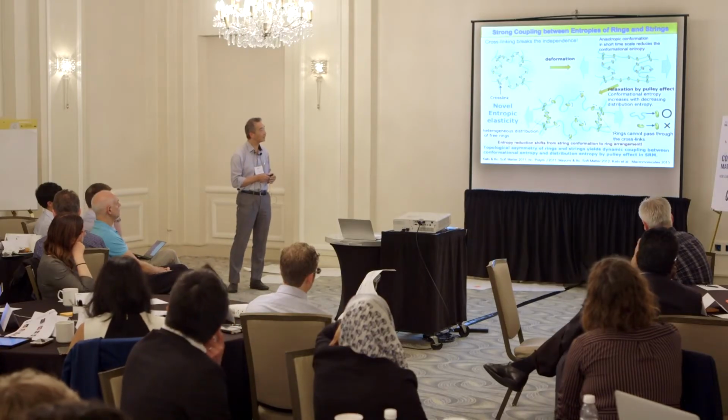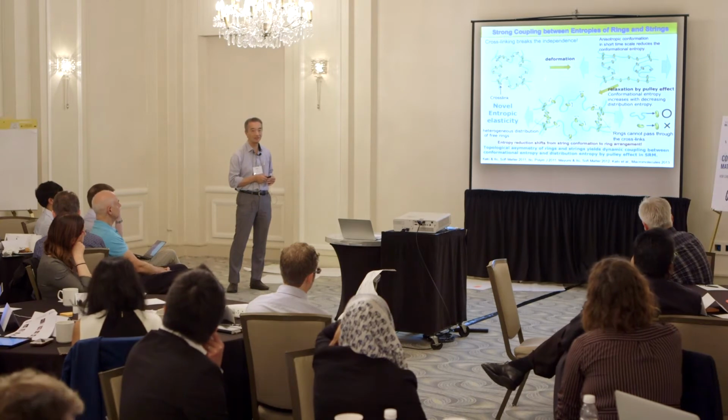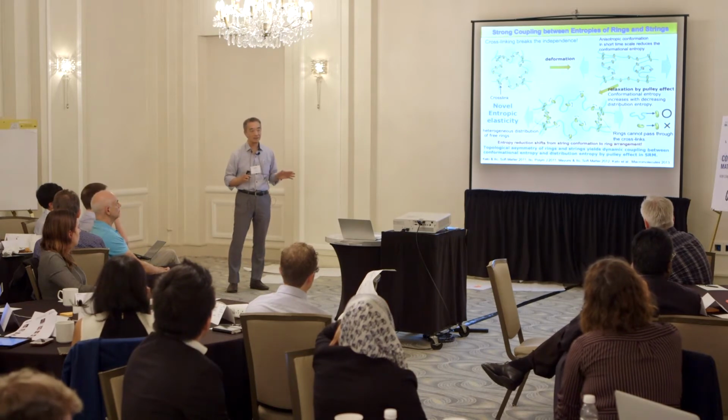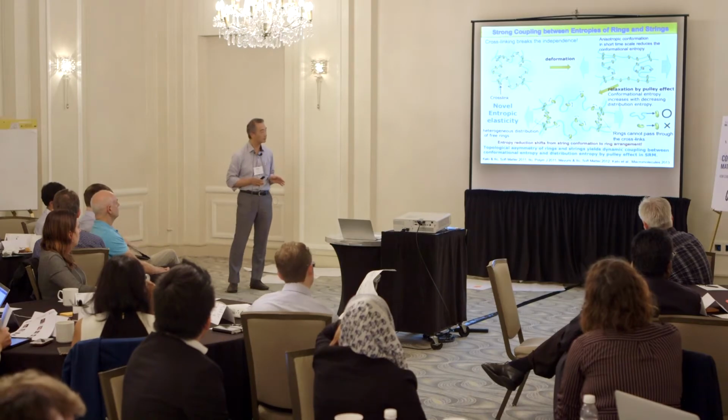So what is important in the slide ring materials? Not all cyclic molecules are cross-linked. There are many ring molecules remaining uncross-linked in the slide ring materials. These free rings are sparsely, randomly distributed before deformation.